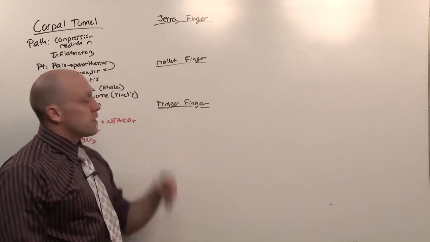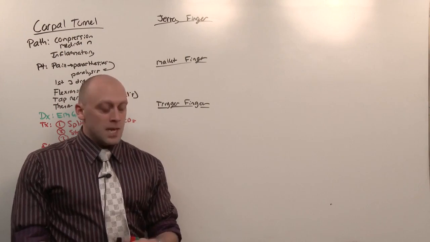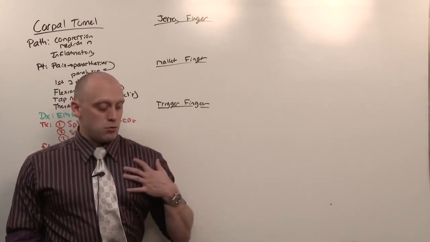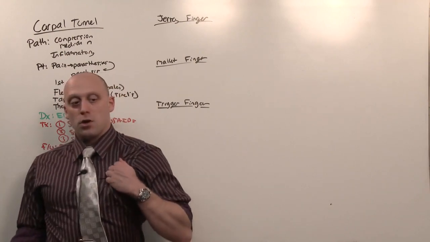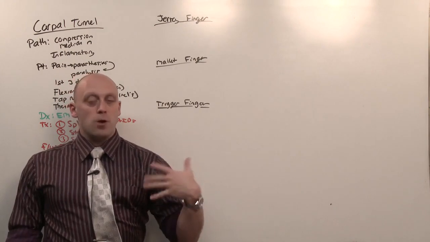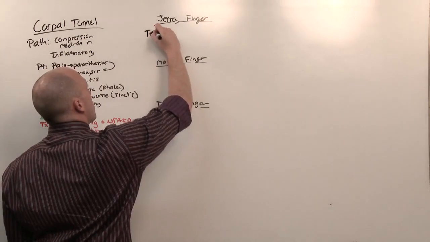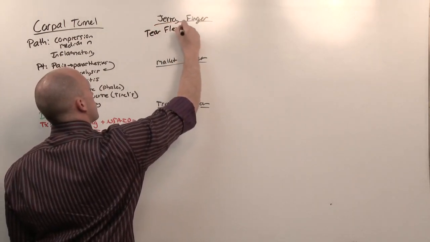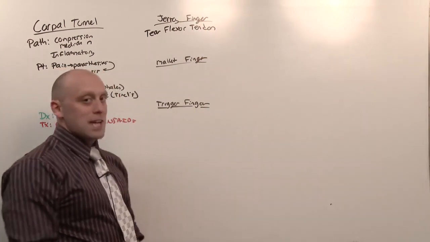Now, jersey finger is not called jersey finger because someone in New Jersey had it. It's because if you're playing sports and you grab someone by the jersey and they pull away from you really hard, your hand rips open. And in ripping open, you tear the flexor tendon. If you tear the flexor tendon, what do you think the patient can't do?